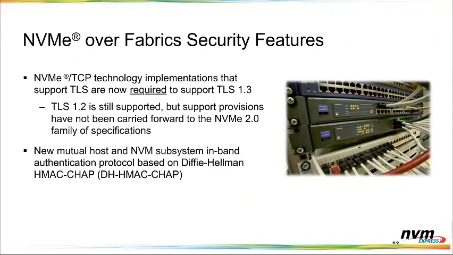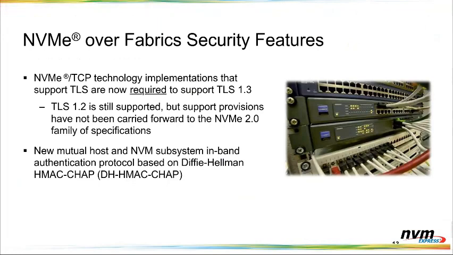Turning our attention to fabrics, NVMe 2.0 adds NVMe over fabric security features. NVMe over TCP previously supported Transport Layer Security, or TLS version 1.2. TLS 1.2 was released in 2008 and was considered fairly secure, but vulnerabilities have been discovered that call the security of TLS 1.2 into question.